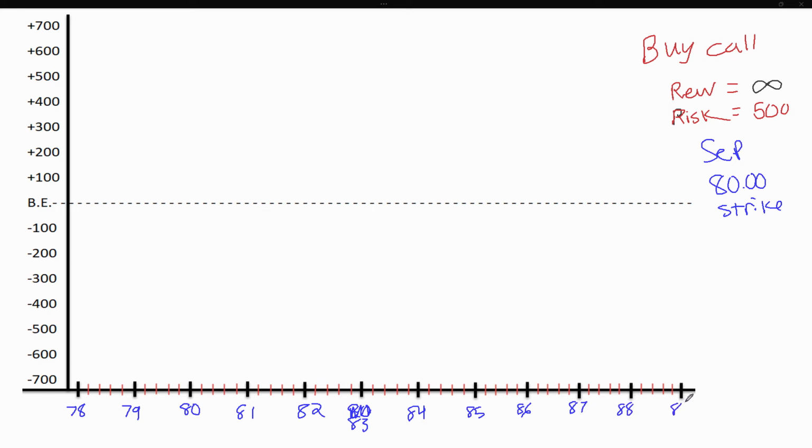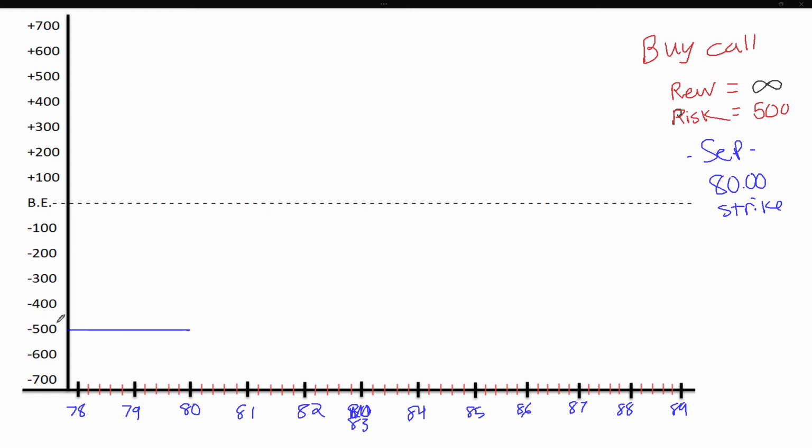When you buy a call option, you will lose all that you spent for that call option if the stock at expiration is at the strike price or lower. So at $80, we're going to lose 500 bucks. And if it's any lower than that, at 79, 78, 77, and so on, we're still going to lose 500 bucks.